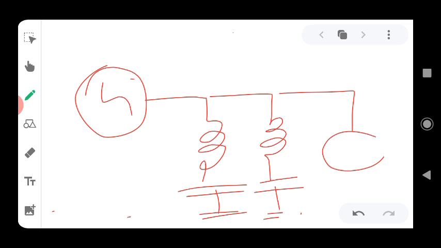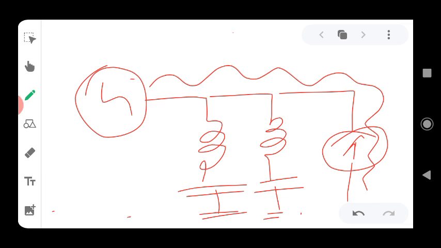It will be very happy, so the fundamental harmonic will just go to the load here from the source.